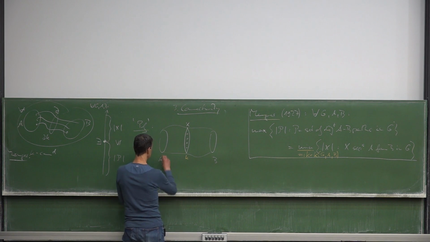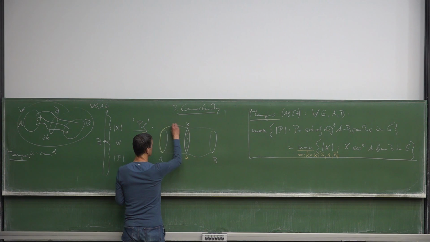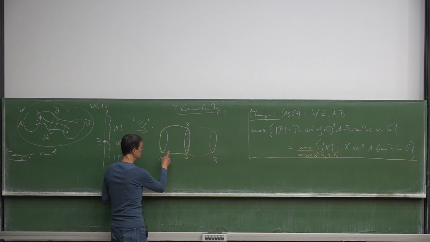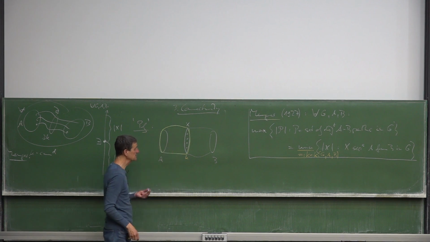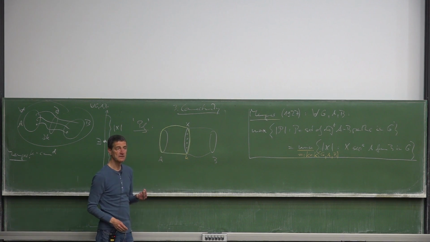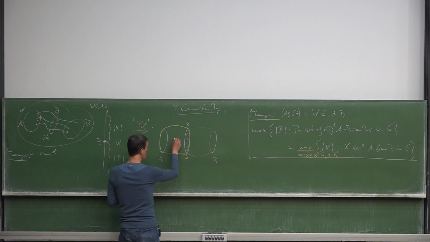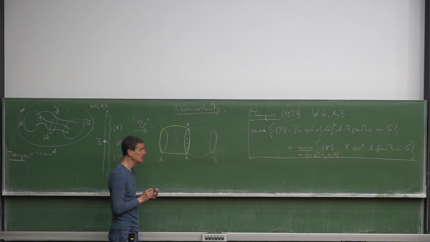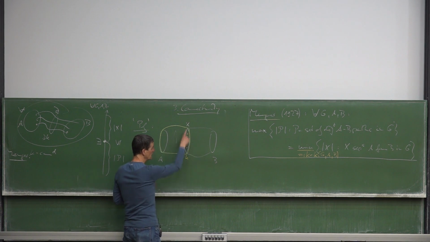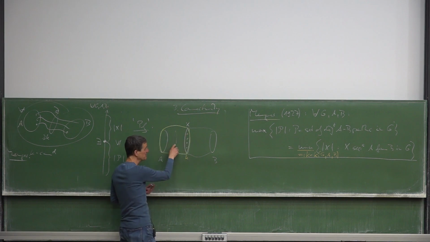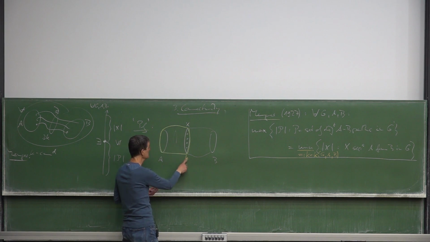I claim that there is no separator between A and X on this side that is smaller than K. Because if there was a smaller separator, then this would also separate A from B, because on the way from A to B, you have to go through X, by definition of X. So if on the way to X, you have to go through here, then this can't be a smaller separator. That would contradict the definition of K.